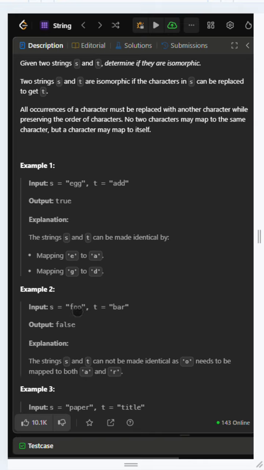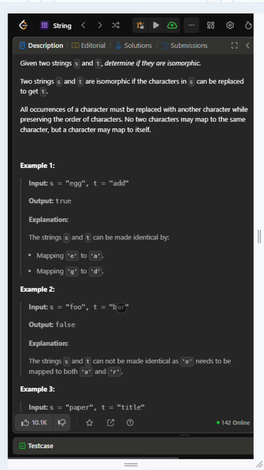A is already a pair of O, so nothing from T can map to O. So the mapping is from both ends. One string character can only map to one character. The mapping cannot be two from any end.